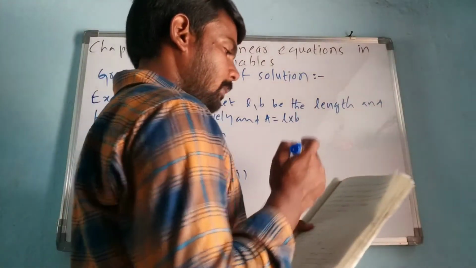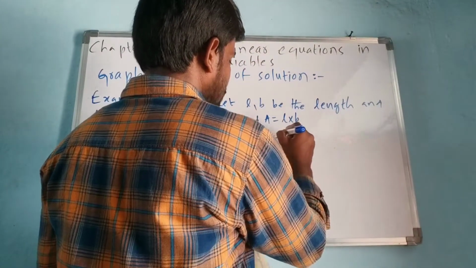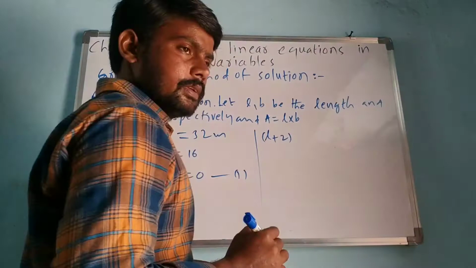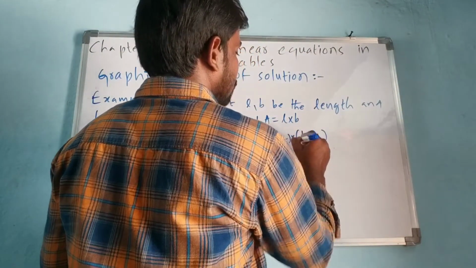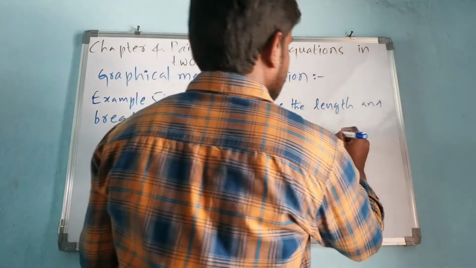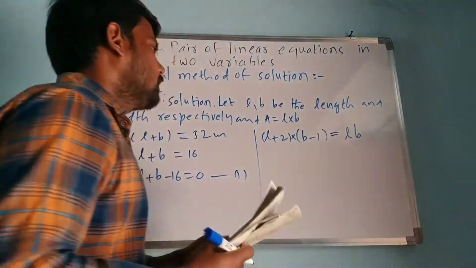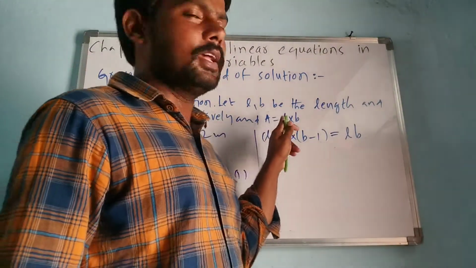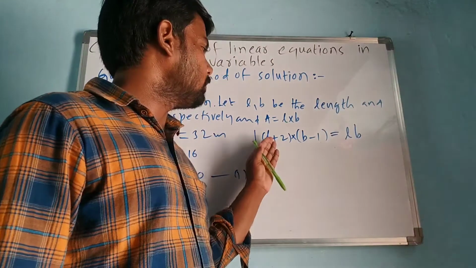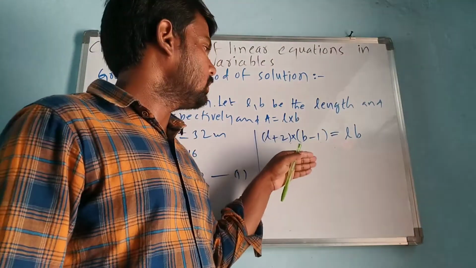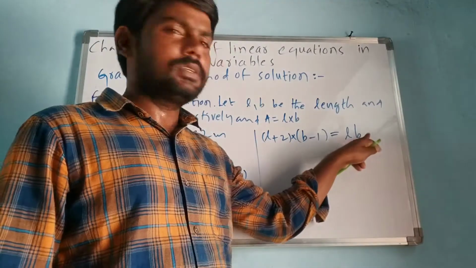Length is increased by 2 meters and breadth is decreased by 1 meter, then the area is the same, because the area of the rectangular plot is L into B. So if the length is increased by 2 meters and the breadth is decreased by 1 meter, the area remains the same.